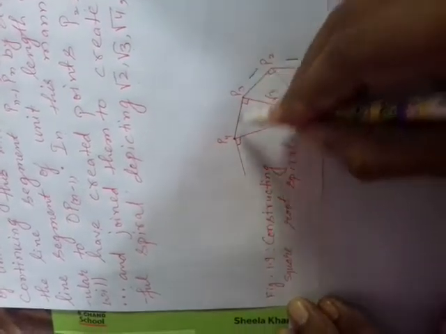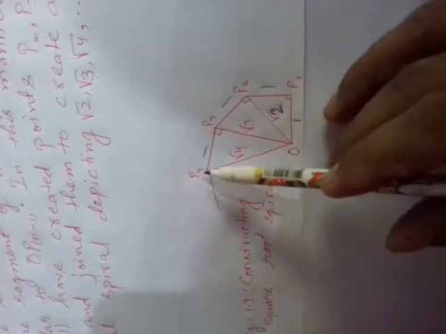Each and every line is of 1 unit. So here this line will be root 2, in this way this line will become root 3, and then root 4. In this way you will continue.